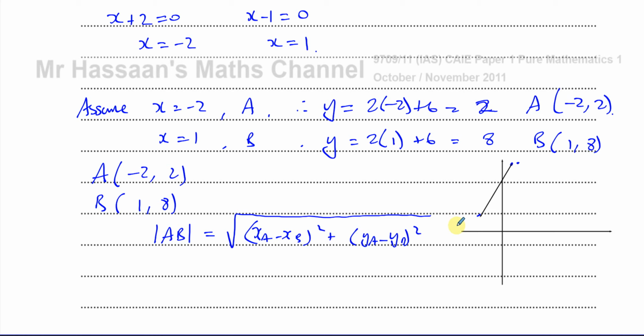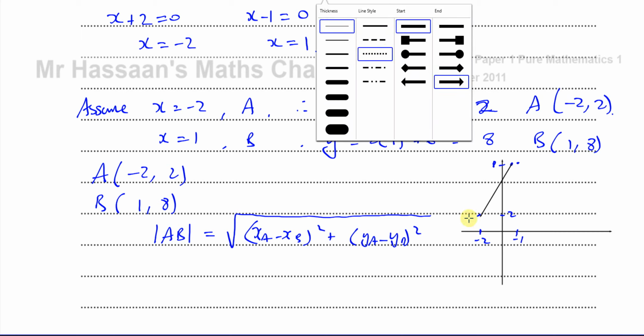We know that this is −2, we know this is 2, we know this is 1, and we know this is 8. So the length of that line can be found using Pythagoras' theorem. We can form a right angle triangle.